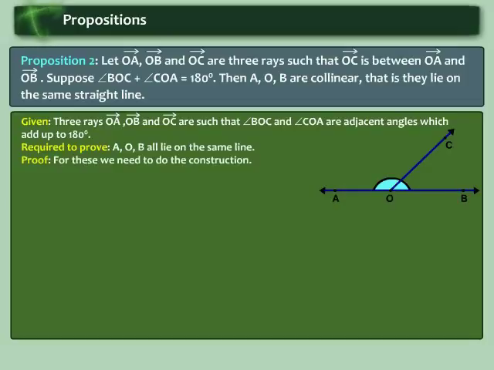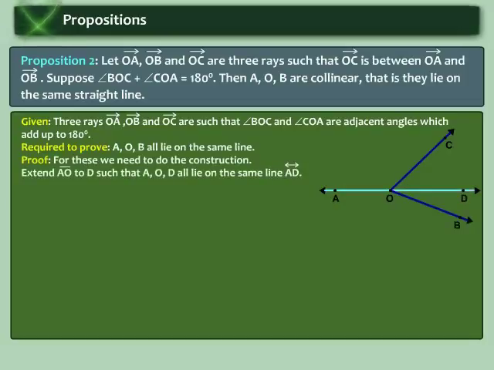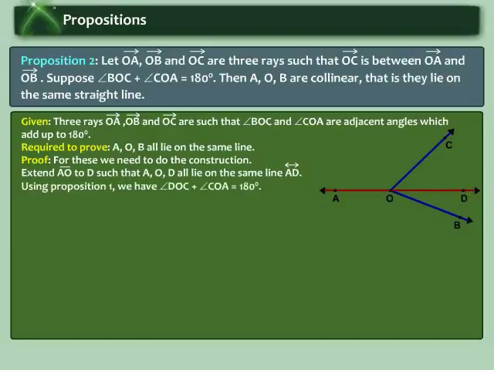Proof. For this we need to do a construction. Extend AO to D such that A, O, D all lie on the same line AD. Using proposition 1, we have angle DOC plus angle COA is equal to 180 degrees.